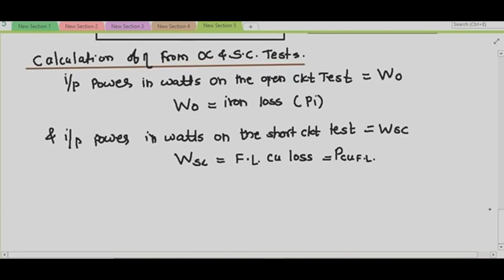Right? So then what is the total loss of the transformer?